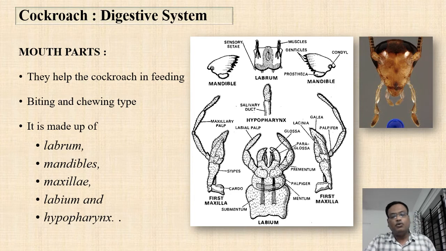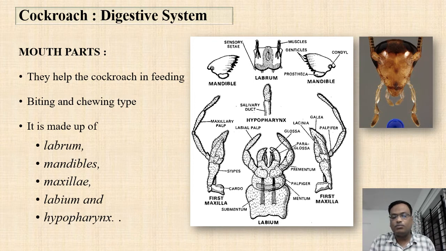Regarding the mouth parts. Mouth parts are the appendages which surround the mouth, helping in the digestion process or nutrition in general. We know that all insects have one or the other type of mouth parts. In case of cockroach, we find biting and chewing type of mouth parts.